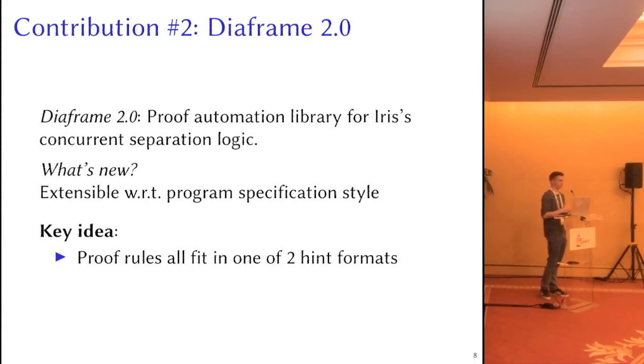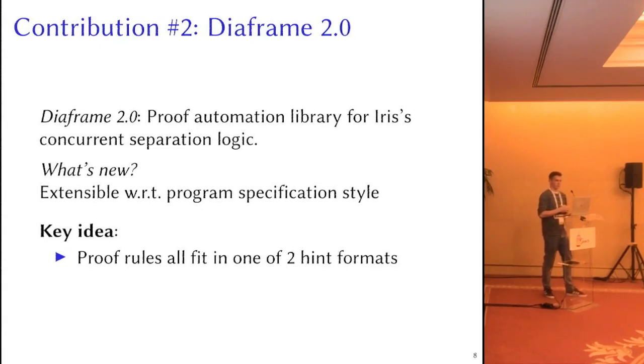The key thing we discovered is that all the proof rules we wanted to represent can be fit into one of two hint formats. So the rules in a proof strategy can be represented in the Coq proof assistant as type class instances. This makes it extensible and easy to experiment also with the strategies we tried.